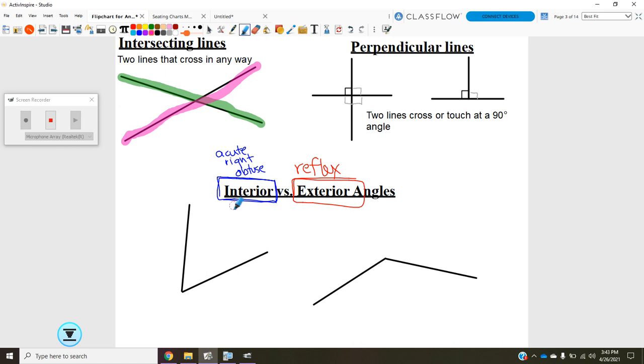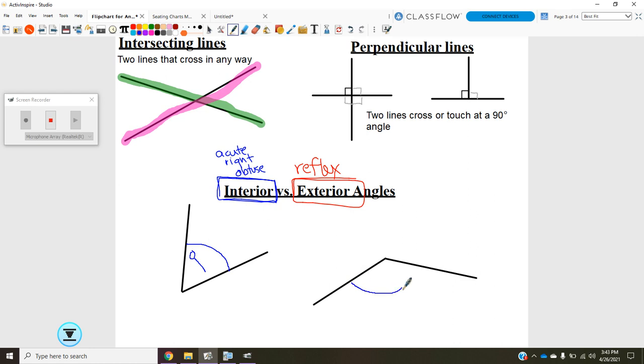Let's talk about interior versus exterior. The interior of an angle means the acute, right, or obtuse. If you just see a picture of an angle with no labeling, you assume that we're talking about the interior portion of it. I'm going to label that with an I. That's an acute interior angle.